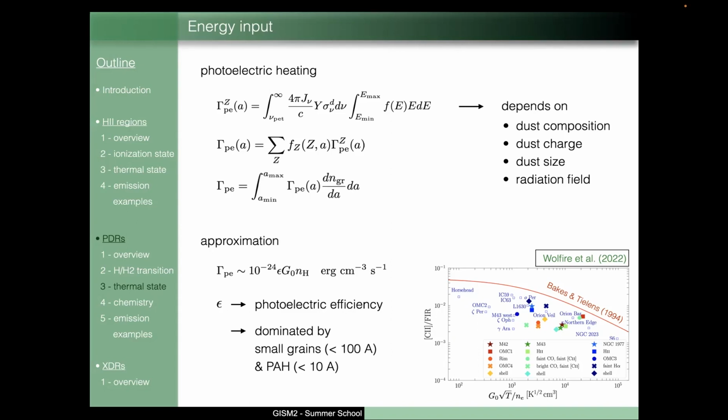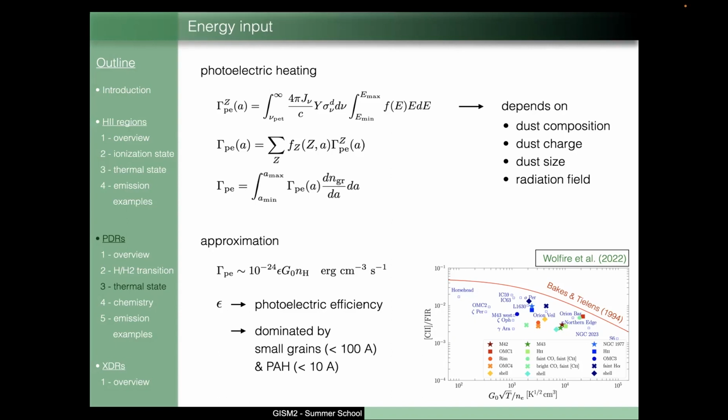Photoelectric heating is, as you know, the fact that when a photon is absorbed by dust, it can emit a photoelectron, which thermalizes with the gas, therefore heating the gas, right? And in fact, the formula for this photoelectric heating is very easy to write. For a dust grain with a charge Z and a size a, the photoelectric heating rate simply writes like this, where this part is simply the absorption rate of photons by dust multiplied by Y. Y is the yield.